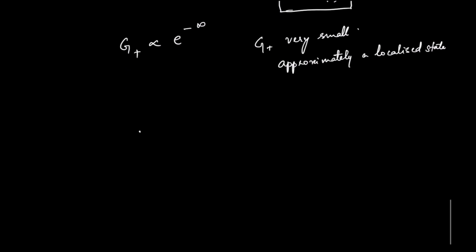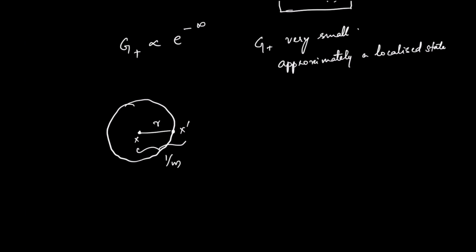That is, if you have x here, and x prime here, so this is the distance r, then the state is not perfectly localized, but it is localized only up to some distance 1 by m.